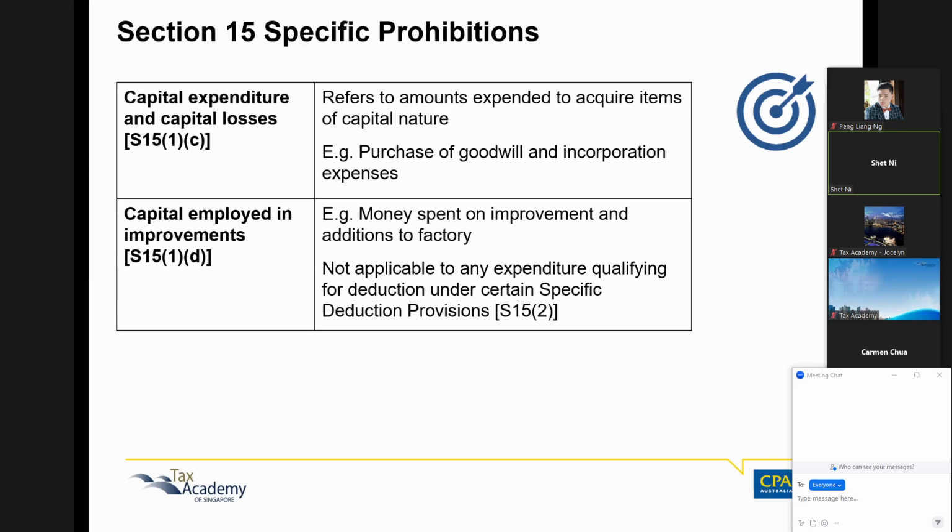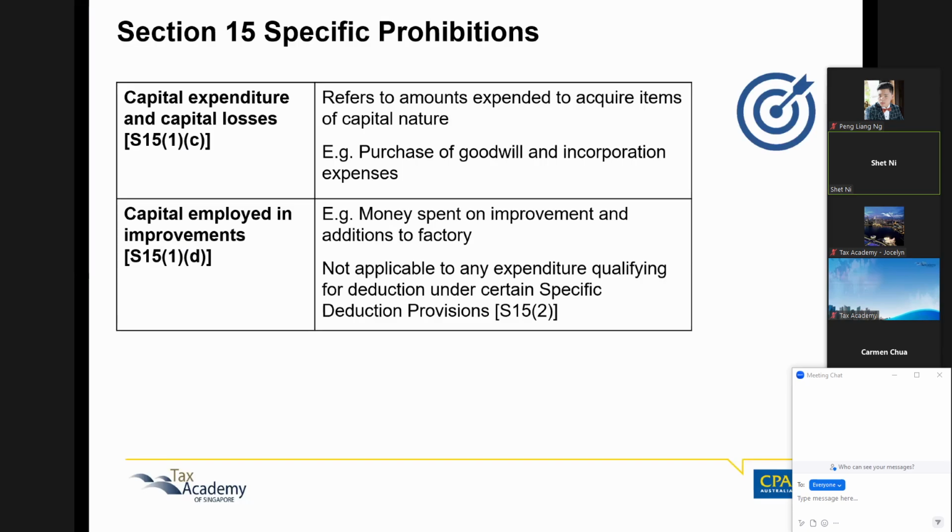But if that equipment is acquired to produce income, then the interest expenses incurred on the loan will be deductible under Section 14.1(a). So that's where you have to make a distinction between the two. I'm just quoting some more common examples for you.